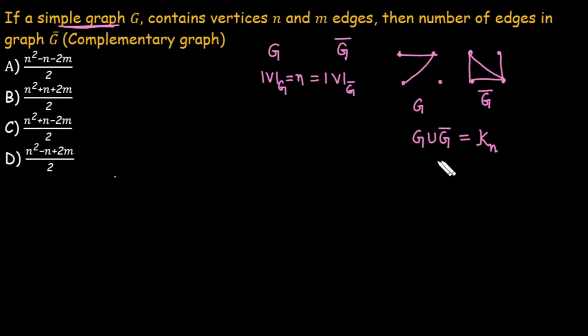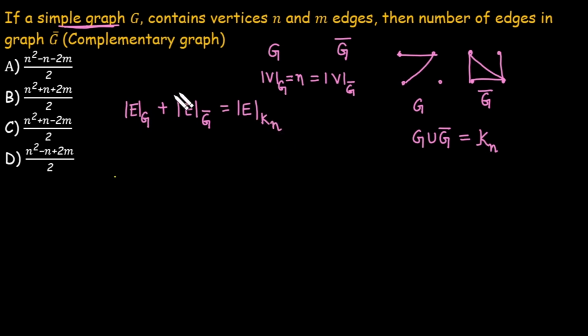With the help of this result, we can calculate the number of edges in a complementary graph. According to this, the number of edges in graph G plus the number of edges in the complementary graph is equal to the number of edges in a complete graph with n vertices.